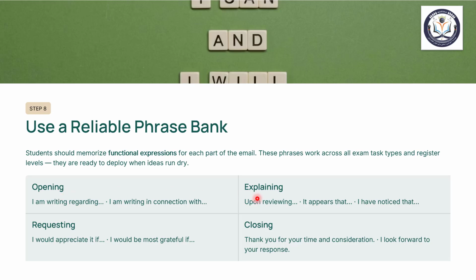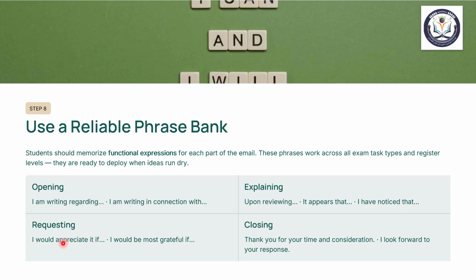Then when it comes to explanation or the situation to explain, we can use these phrases. Upon reviewing my essay, I noticed, and then you can add. Or it appears that, I have noticed that. So these are explaining phrases we can use.